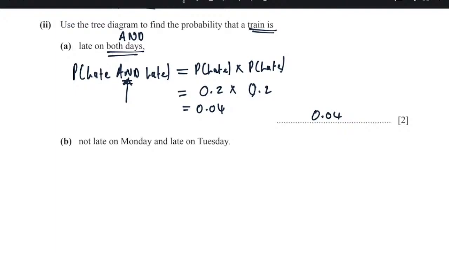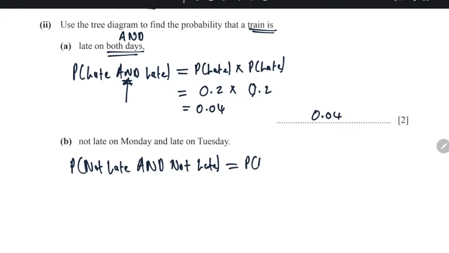What does that mean? It's probability of not late and not late. We don't care about Monday or Tuesday. So this is going to be the probability of not late and not late. What do you do when you use the word and, Lifika?